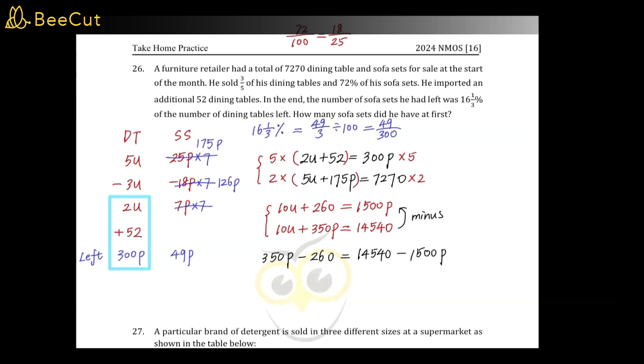So rearrange it, plus 1500p is 1850p, then plus 260, this equals 14800. Divided by 1850, 1p equals 8. Right, number of sofa sets at first is 175p. So the answer is 1400.